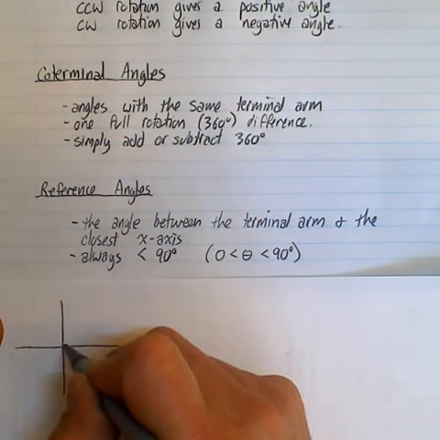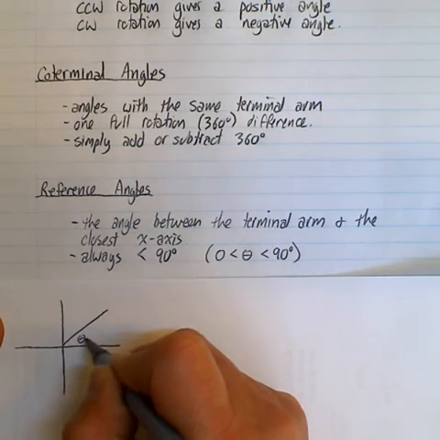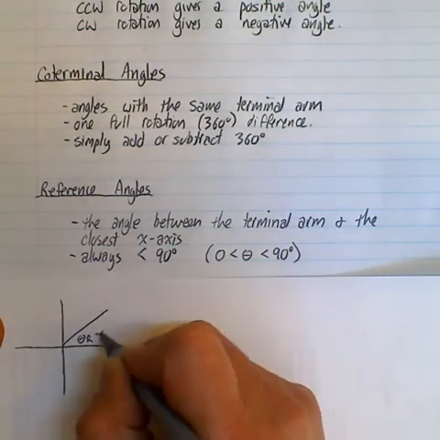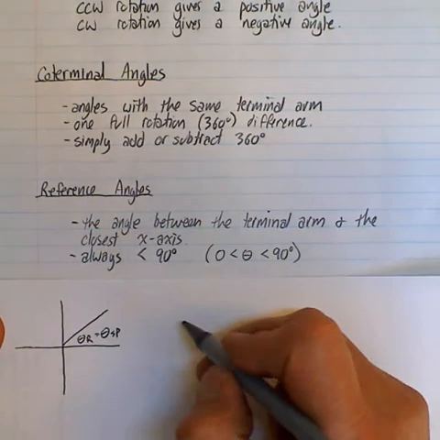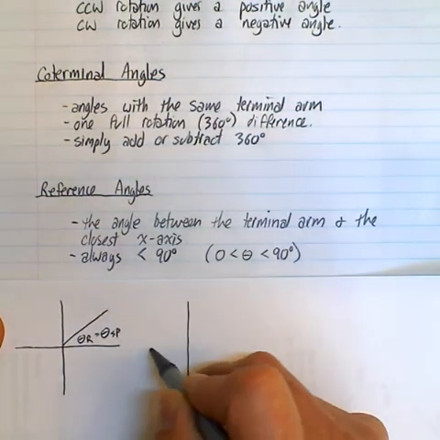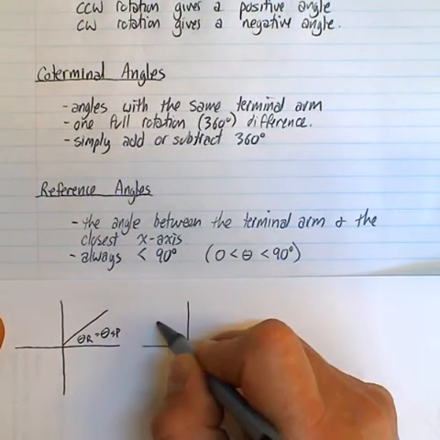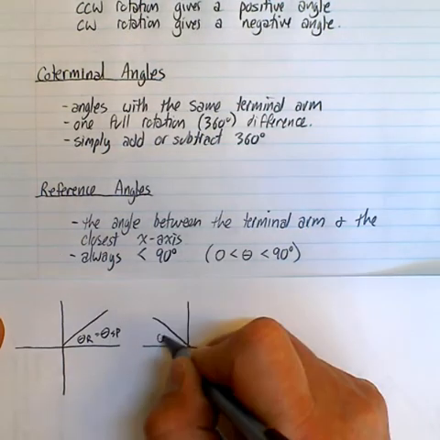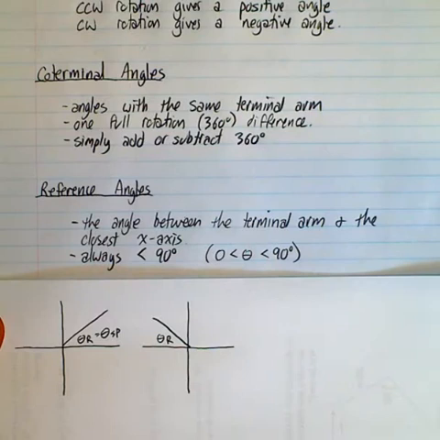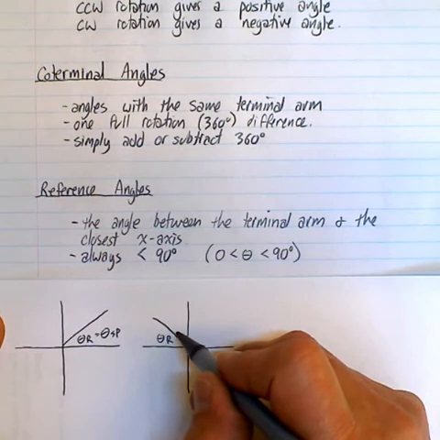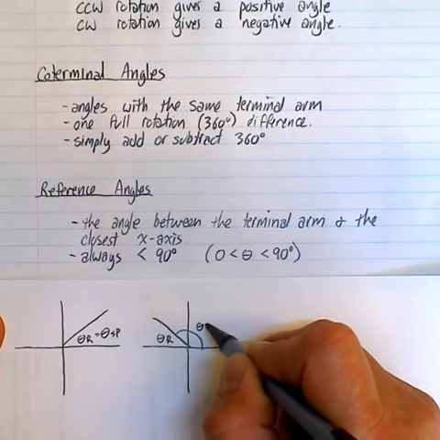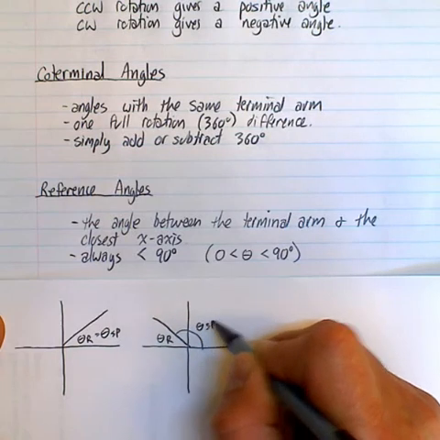If I'm in here, this is my theta r, which is equal to your theta in standard position. It's the same thing, right? Now, if I am over here, this is my theta r, and this is my theta in standard position.